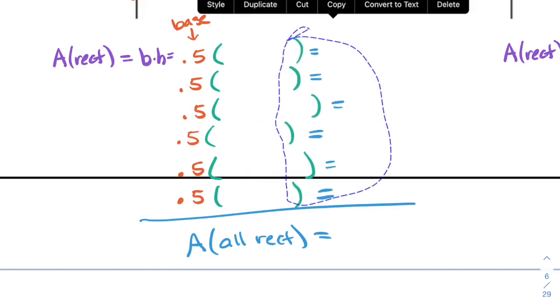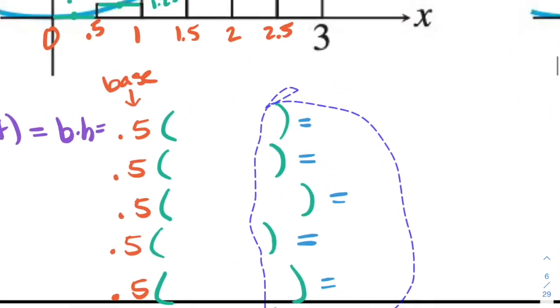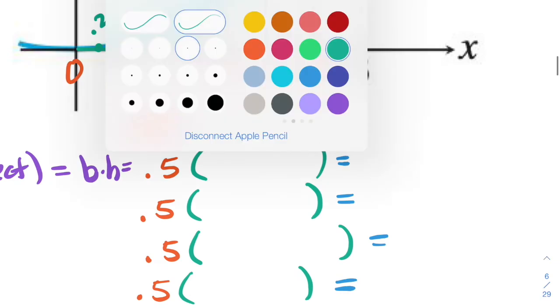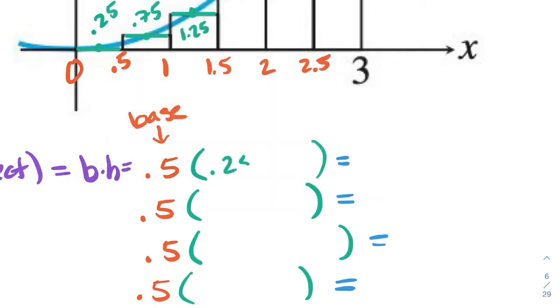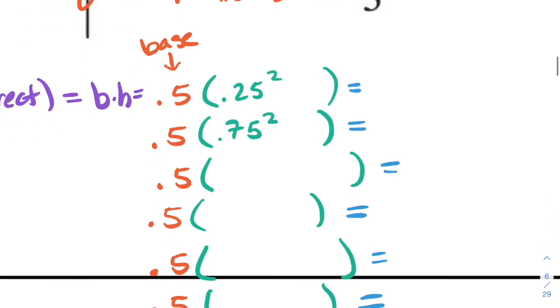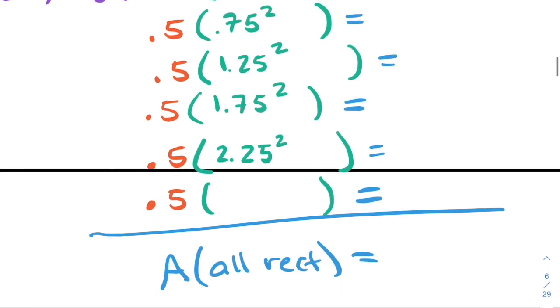Okay? These numbers are now going to become 0.25 squared and then 0.75 squared and then 1.25 squared and 1.75 squared and 2.25 squared and 2.75 squared.